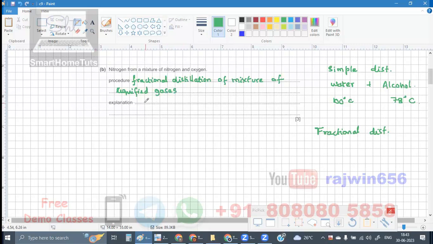Explanation is differences in boiling points separates the mixture. You will take down all of these things, whatever other explanation and diagram, etc. is there. I will just send that.